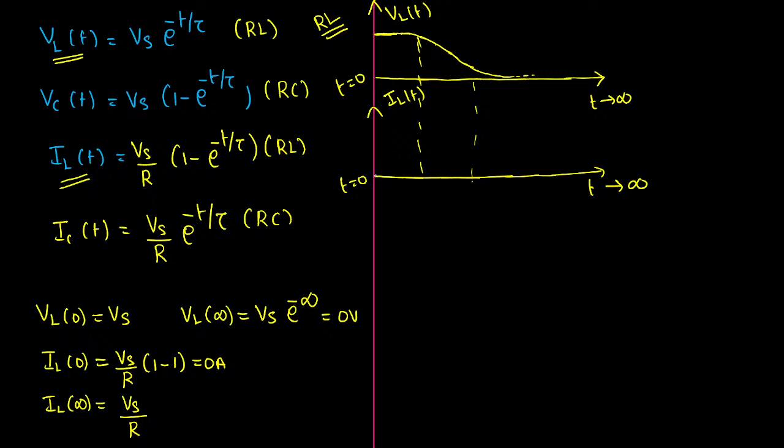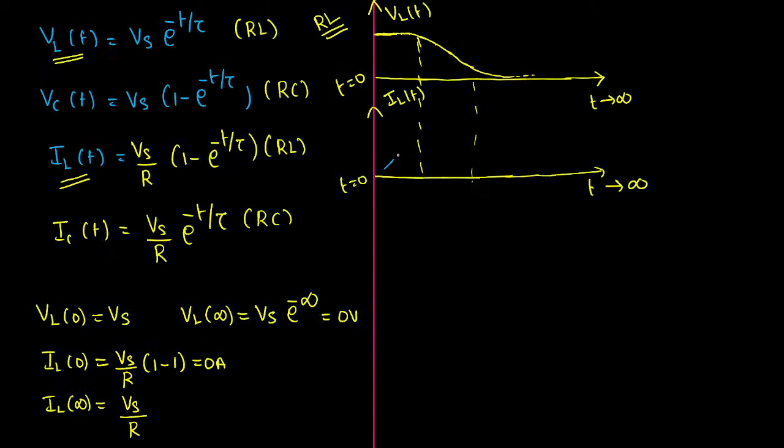The value of the current is initially 0, but it is slowly increasing from 0 to a certain level. After that it becomes constant. It is actually an exponential increment, right? Fine. So this is how the current waveform will be observed for the inductor.